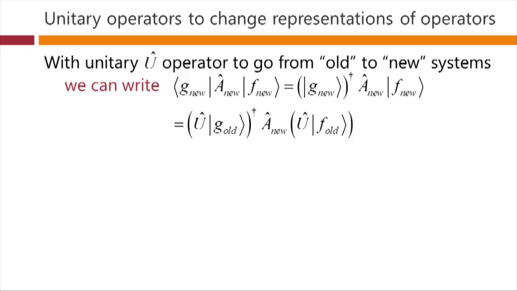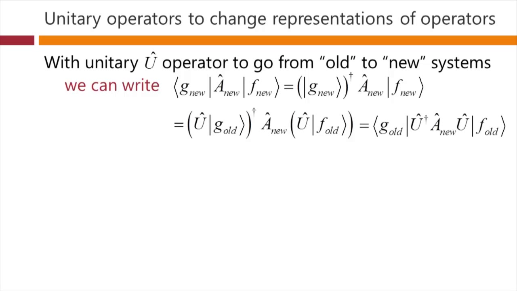That's just U operating on g old. And similarly, the new f is just U operating on the old f in terms of the columns of numbers. Well, having written this down this way, we can take the Hermitian adjoint of this product, which means flipping it around, so that gives us a bra vector g old and U dagger from taking the Hermitian adjoint of this product.